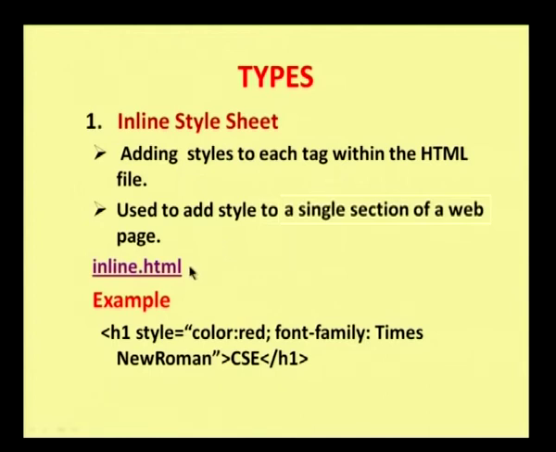So, let us see this with an example. H1 is an element and we are going to add the style, color and the font family Times New Roman. So, color and font family represent the property. Red and Times New Roman are the values, style represents color and font family, and the selector is H1. Let us see this with an example.